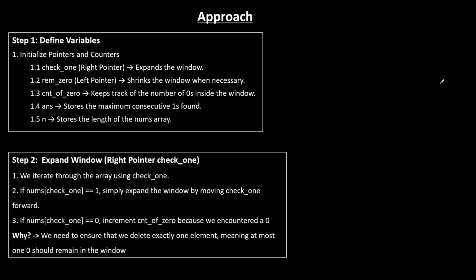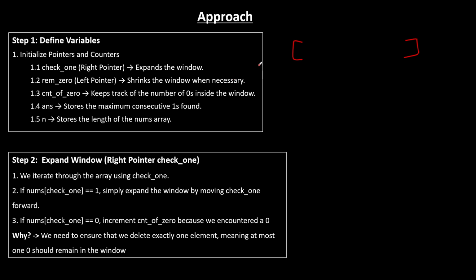Since we have the intuition of the problem, let's look into the approach, how we're going to solve it. As I discussed about the intuition, I have tried to keep the approach systematic. For a sliding window technique, you can either use a for loop directly, but since it is a dynamic sliding window question, we will be using two pointers.